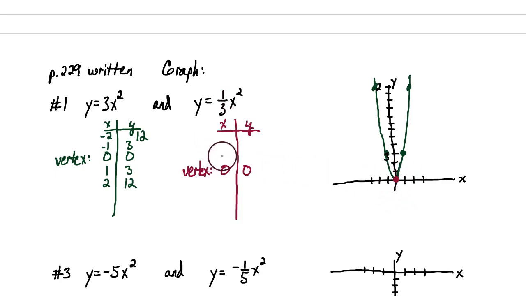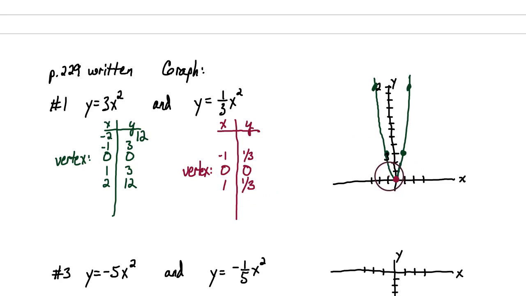Now let's choose an x-coordinate that's 1 unit to the left of 0, and for another one, 1 unit to the right of 0. And now let's evaluate the y values. -1 squared makes 1, and 1/3 times 1 makes 1/3. +1 squared makes 1, and 1/3 times 1 makes 1/3.